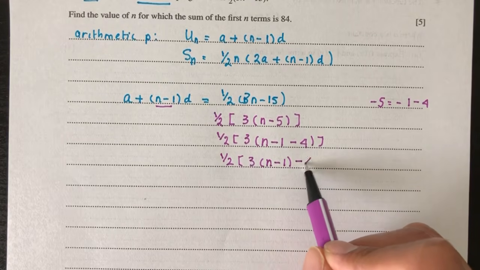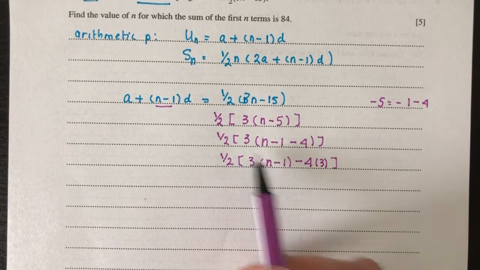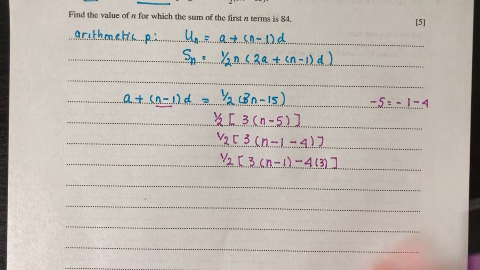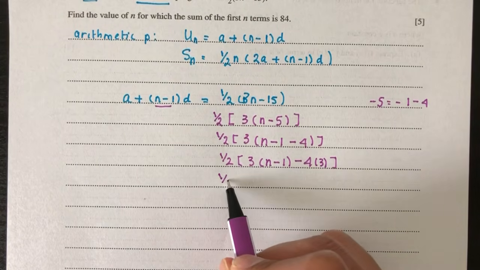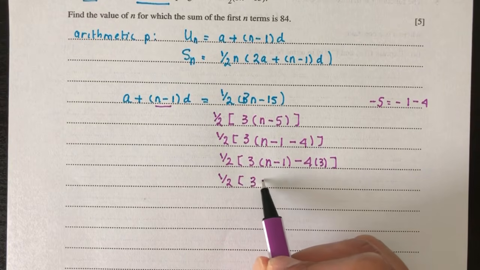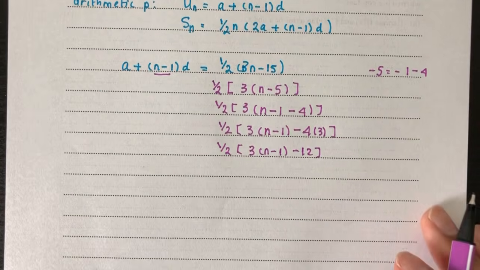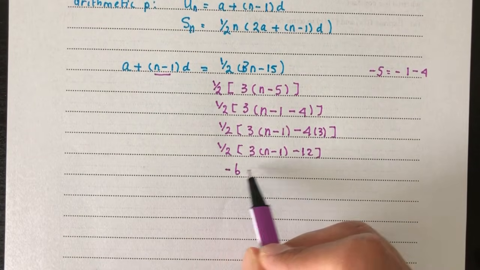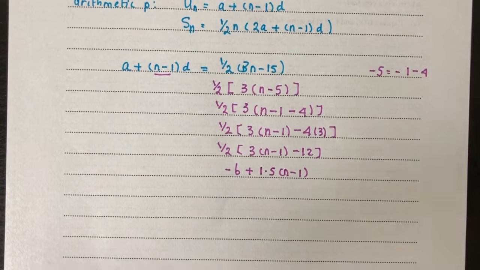You take out minus 4, 3. So if you want to take out 4, you will become minus 4 times 3. You take it outside. That's why it becomes like this. Now again simplify half 3 n minus 1 minus 12. Now if you simplify, that becomes minus 6 plus 1.5 n minus 1.